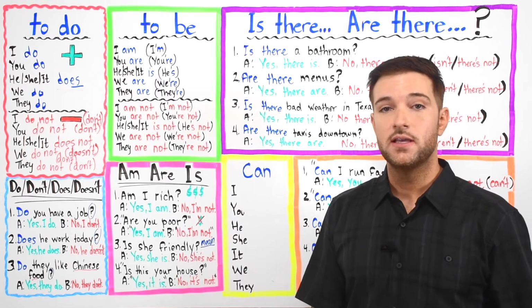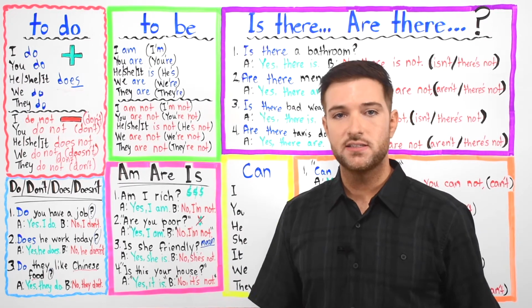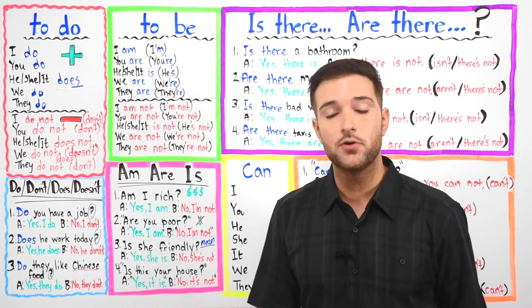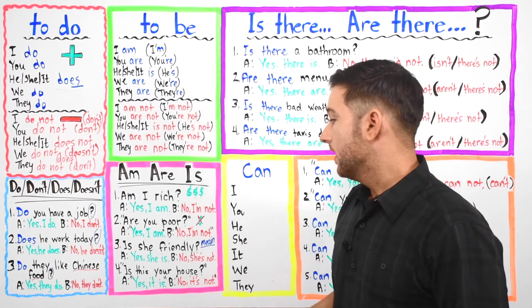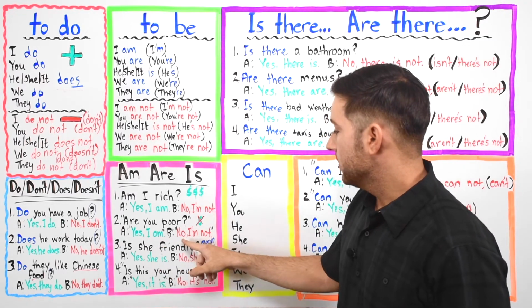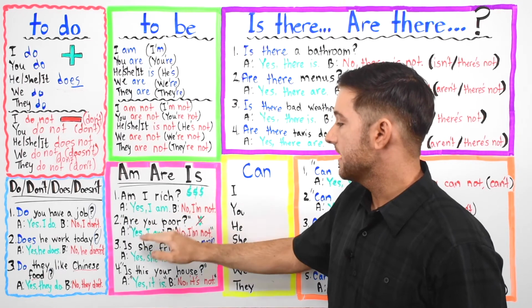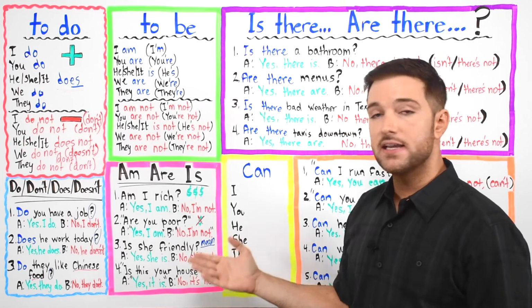Okay, your is a possessive adjective, and we're going to look at possessive adjectives and also possessive pronouns, not in this lesson, but in the next lesson. Okay? And just remember, when you are saying a positive statement like yes I am, yes she is, yes it is, you have to say it in the full form.